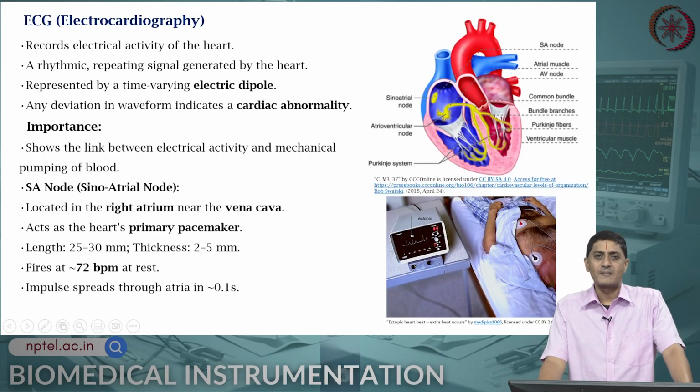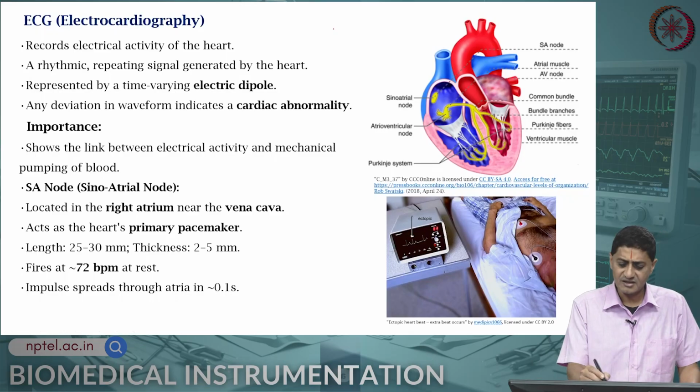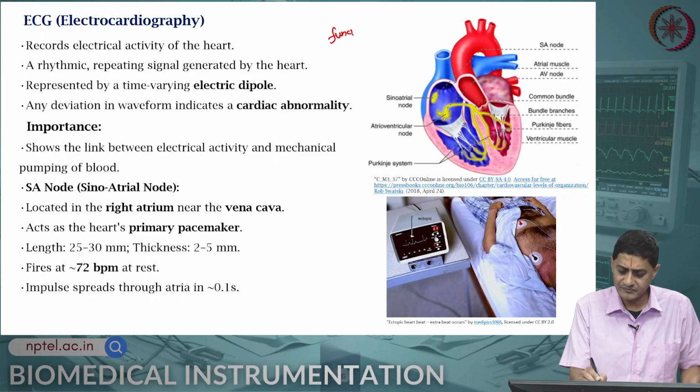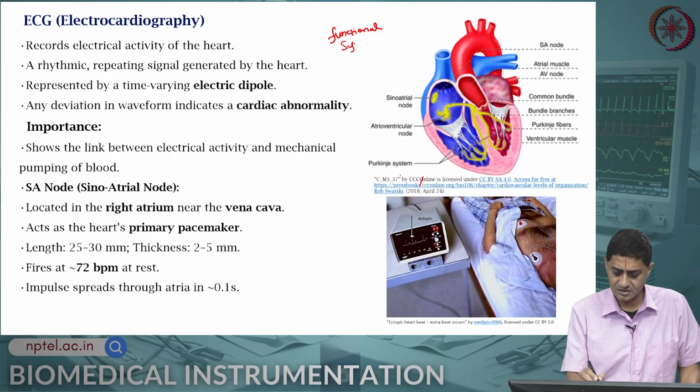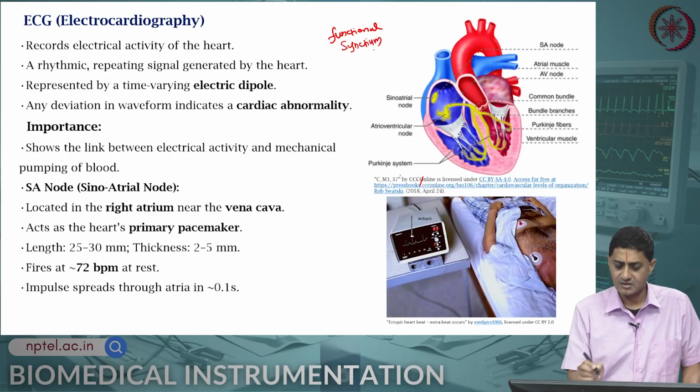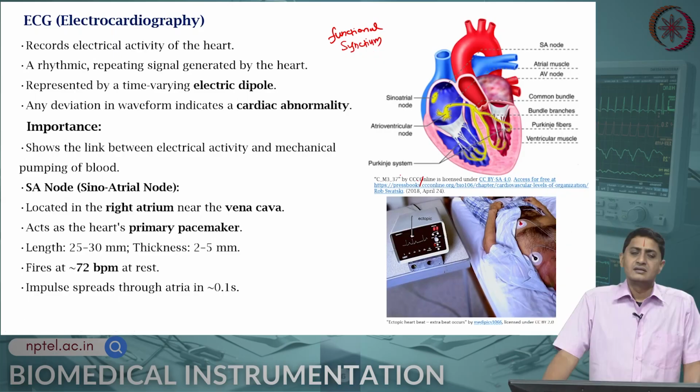It is a single muscle and it follows a particular rhythm of contraction, and the entire heart beats in sync, in a functional sync. This is also called the functional syncytium. Now exactly how does that work? That is the question for us.